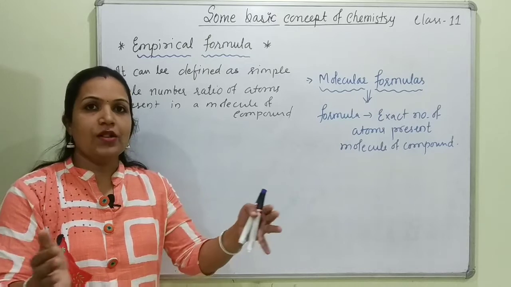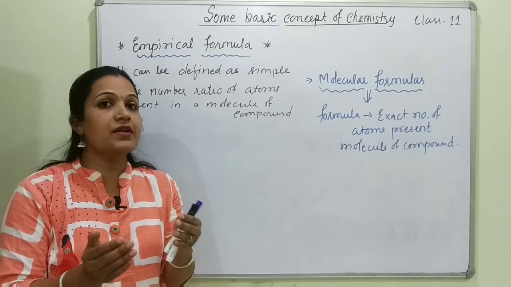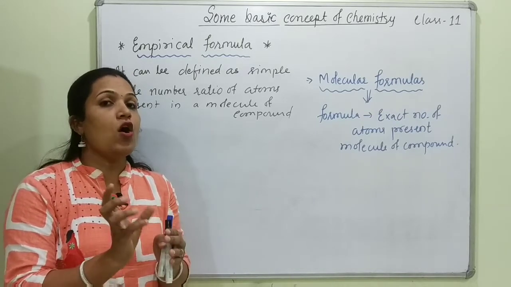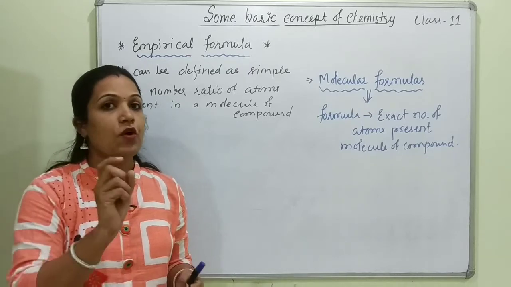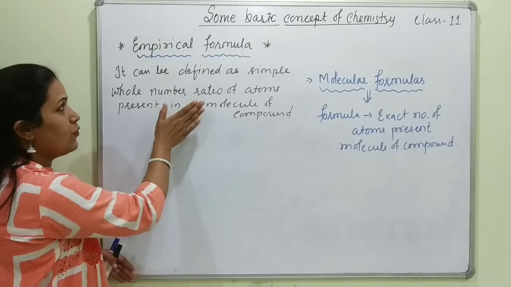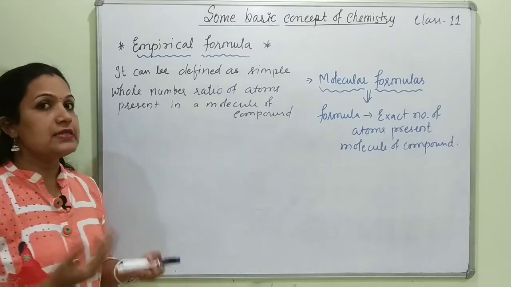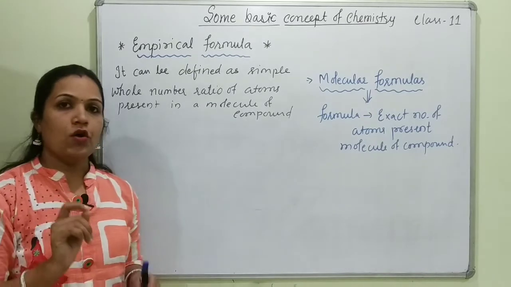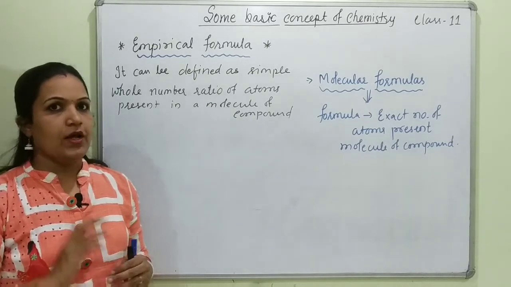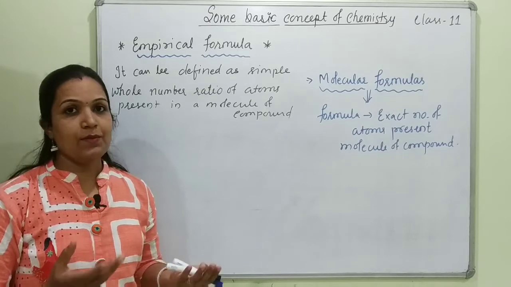When we have all these percentages, we can derive the formula of that particular sample with the help of a few steps. For that purpose, we need to study the calculation of empirical formula or molecular formula. So let's start with some questions.